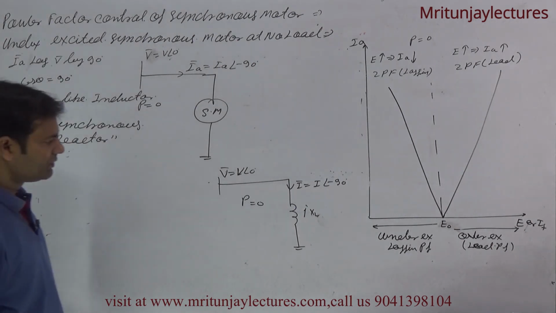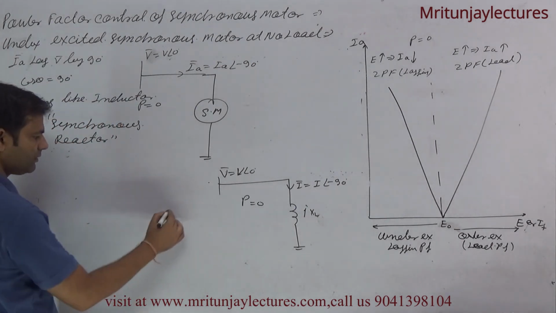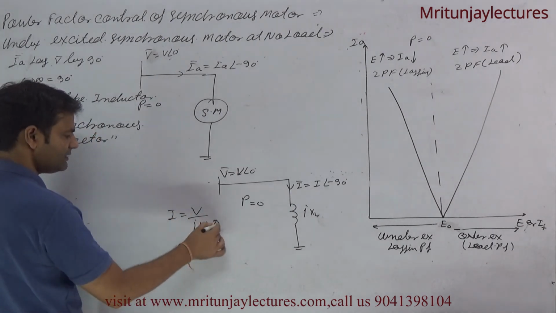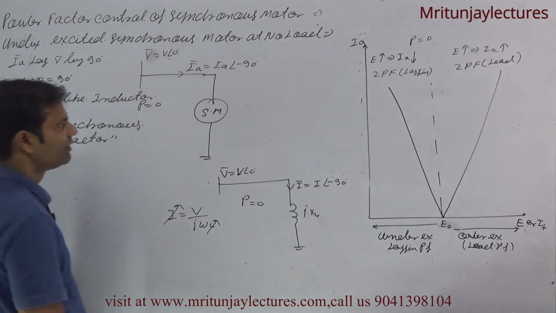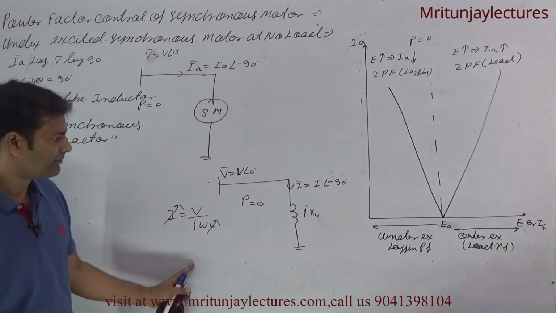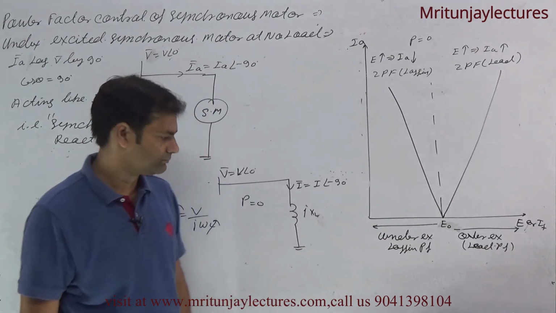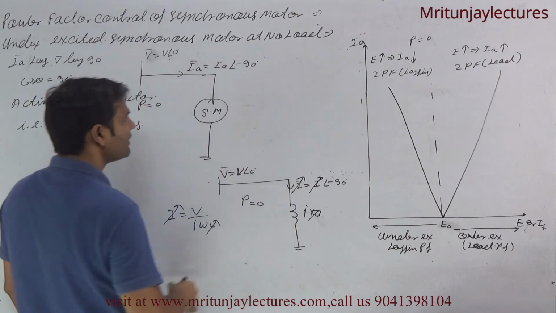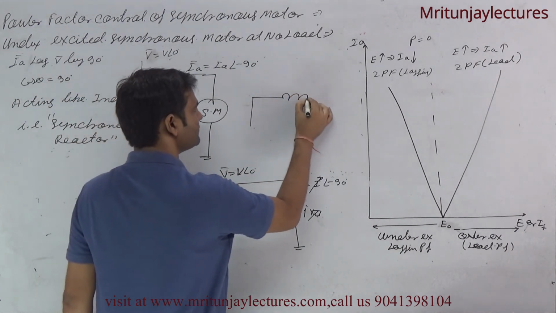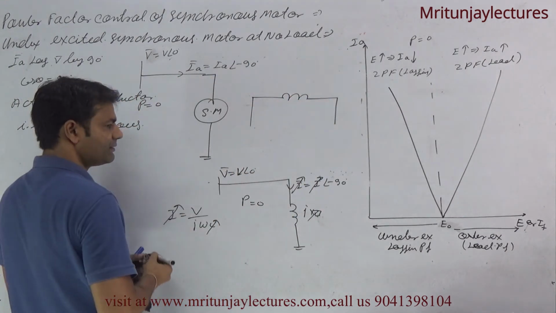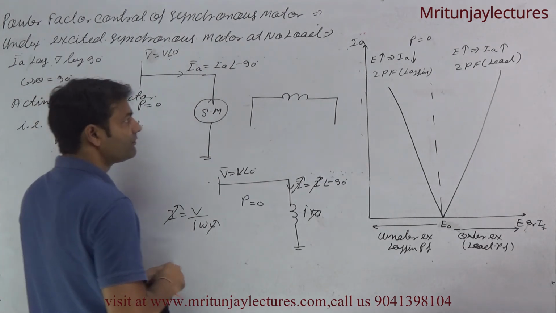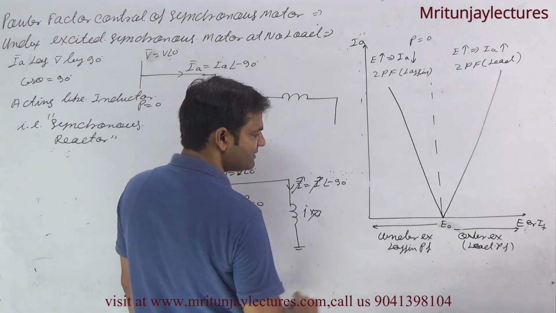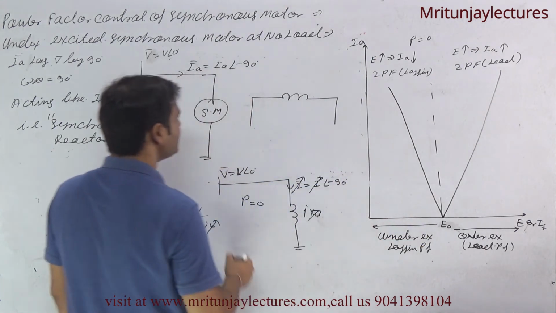Now I is written as V by j omega L. If L is changed, then I is also changed. Similarly, the armature current also changes if the field excitation, or you can say field current IF, is changed, then IA is also changed.